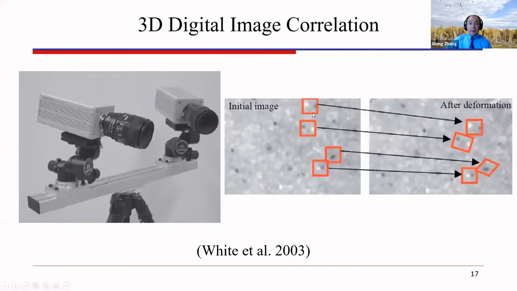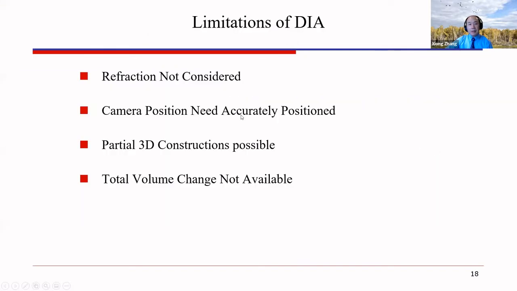By doing some kind of statistical analysis of the texture, you can guess, oh, this patch, after you apply a load, has 99% of the similarity with the initial patch here, right? Of course, you scan the whole picture and then do an image correlation and find out, oh, this patch originally is here, this patch is originally here. If you know the relative position, then you can actually calculate the strain in the soil specimen.